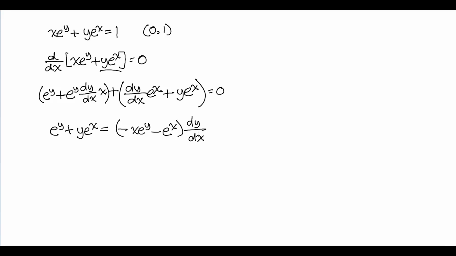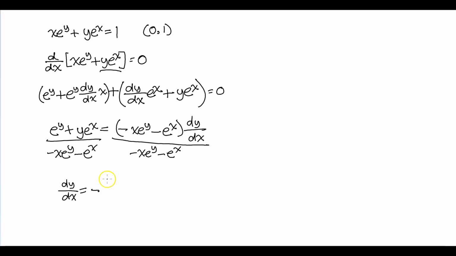And if we divide by negative x e to the y minus e to the x, we get dy dx equals negative y e to the x plus e to the y over x e to the y plus e to the x. We just pulled out a negative sign to show that's negative.